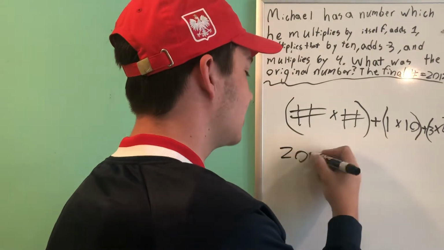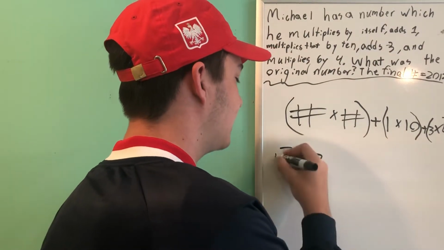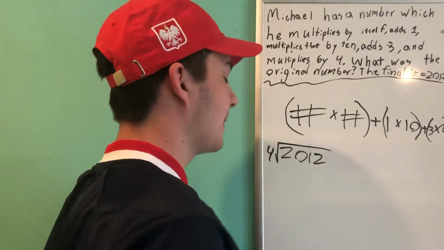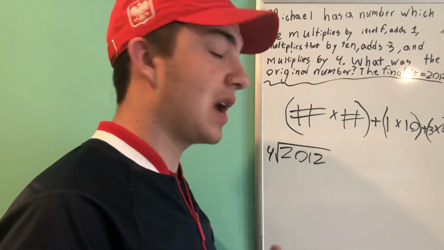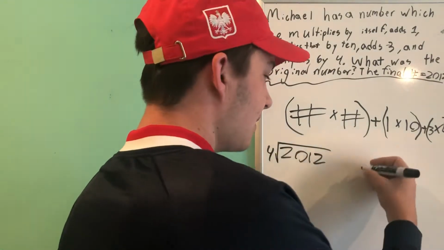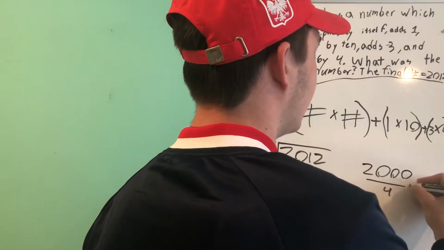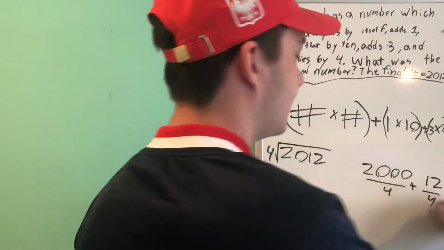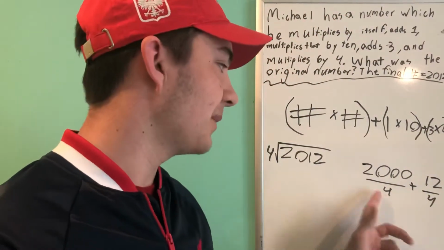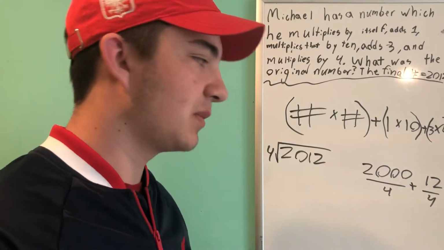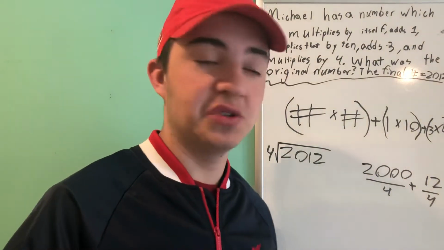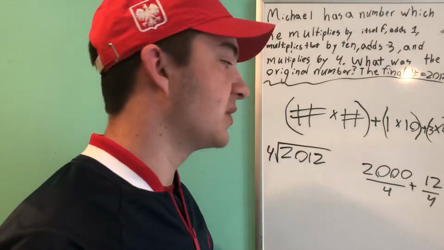So 2012 divided by 4. Now that's a big number, so this is what I'm going to do. I'm going to do 2000 divided by 4 plus 12 divided by 4. Because this is the same thing, that's distribution. I'm distributing the divided by 4, so it's easier.